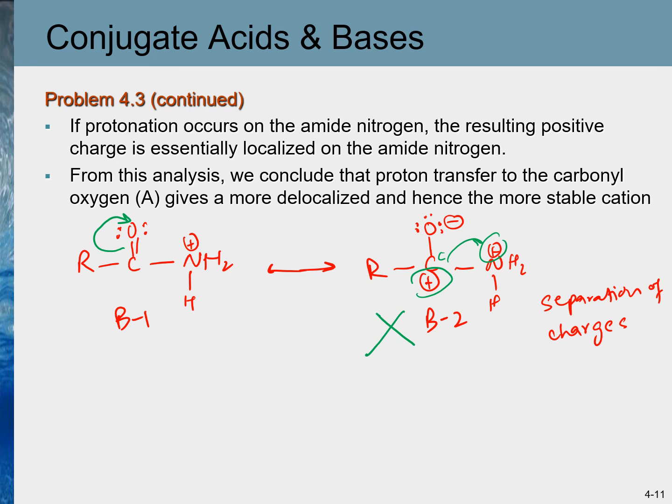For species A, where oxygen acts as a proton receiving site, we have three contributing structures. So in B, the positive charge is not delocalized. So therefore, we can conclude that the proton transfer in case of amides occurs mainly at carbonyl oxygen, because that's where we get more delocalization of positive charge and hence we have a more stable cation.